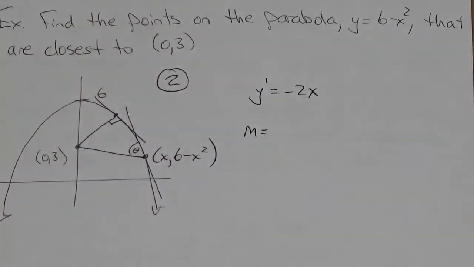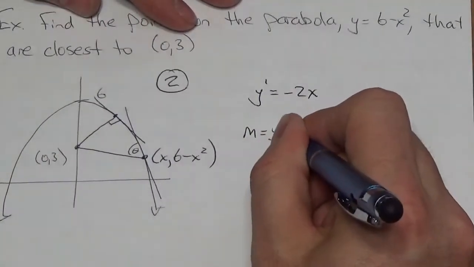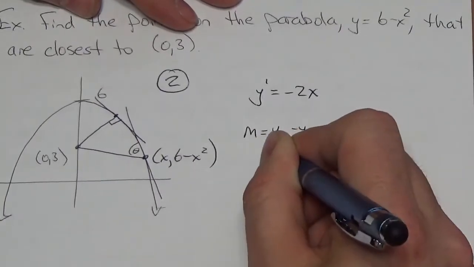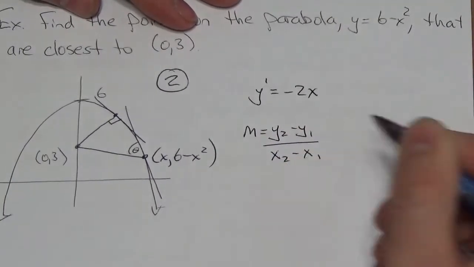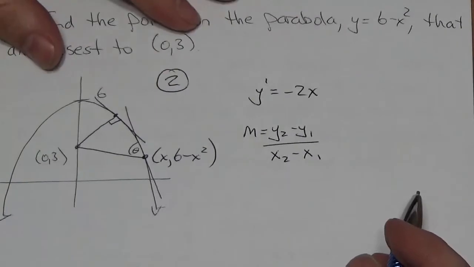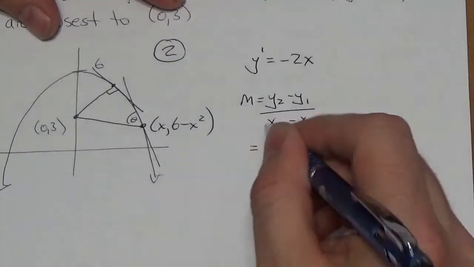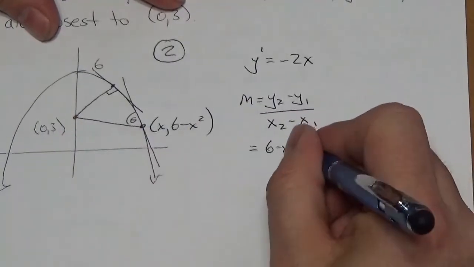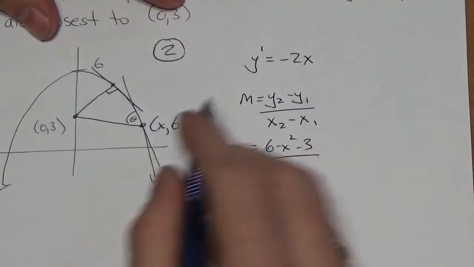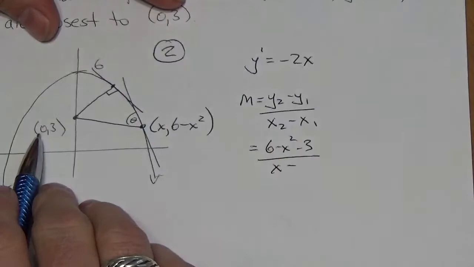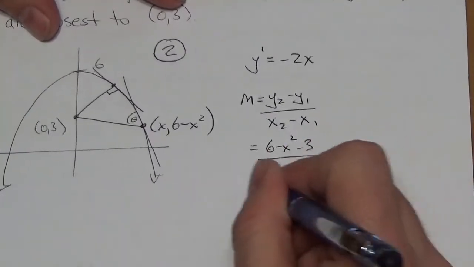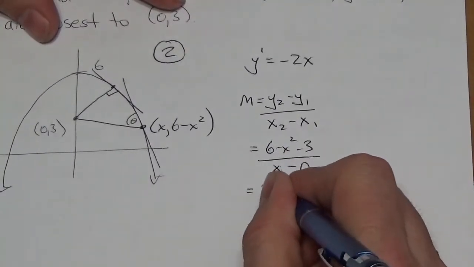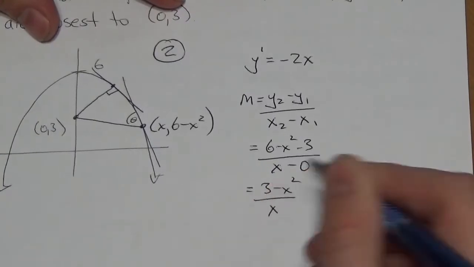Sometimes for calculus students, this is the less obvious of the two, because you get so used to taking derivatives you forget the definition of the slope. So now it'll be y2 minus y1 over x2 minus x1. And so we're going to get here 3 minus x squared over x.